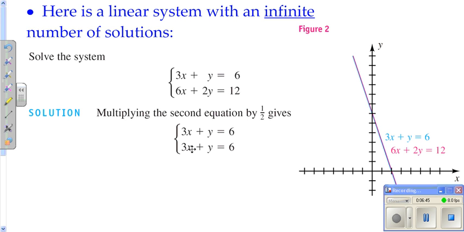You notice then both equations are identical. So when you look at your graph over here, your first equation is the blue one. Your second equation here is the red one. They end up being on top of each other. So they have infinitely many points in common. So there are infinitely many solutions.